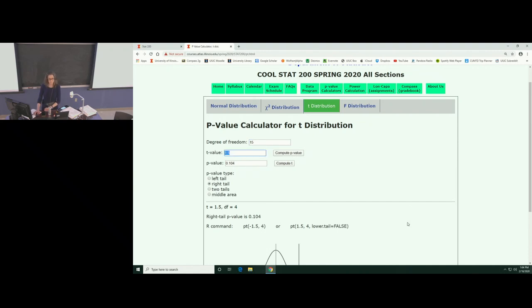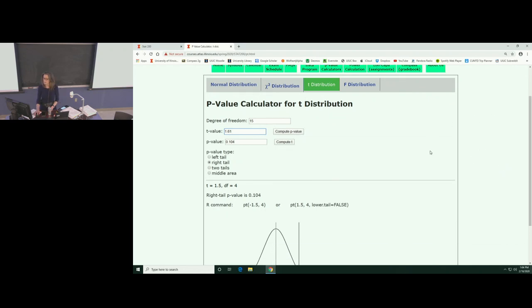And what did we calculate our t-value to be? 1.61. So let's put that in. All right. And now we just want the right-hand tail for now. Because we expect the alternative was that that class was going to do better. We expected them to do better. All right?